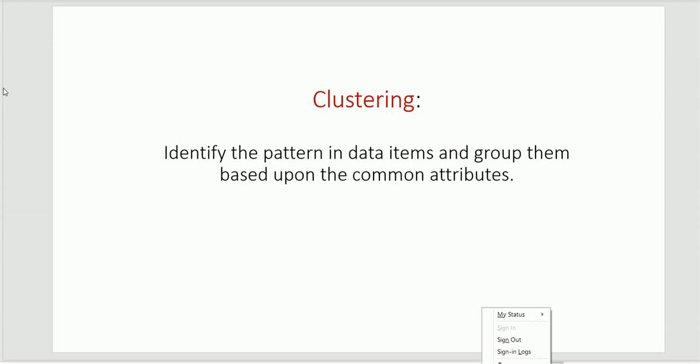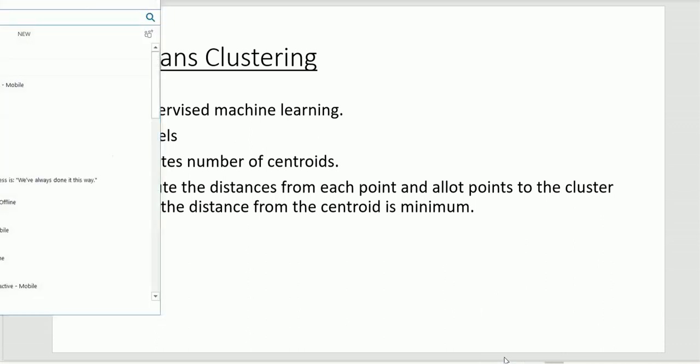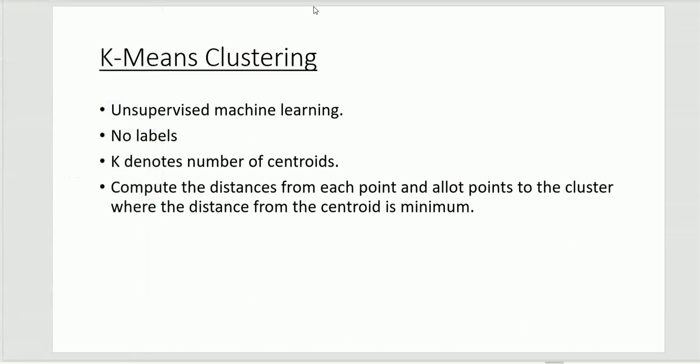We are going to achieve this clustering by using the K-means clustering algorithm. Next slide, we'll see what K-means is and what points we need to remember. K-means clustering is unsupervised machine learning.